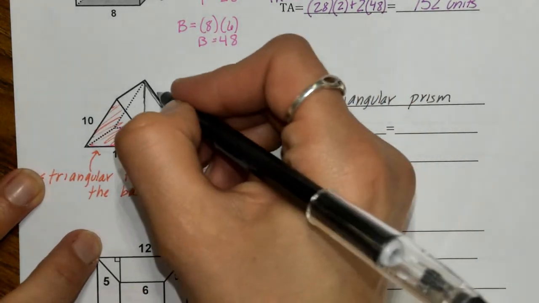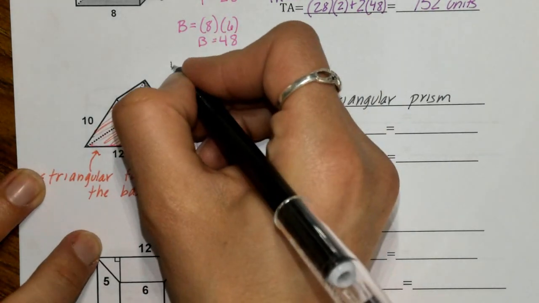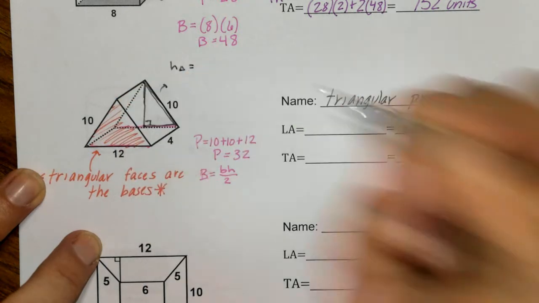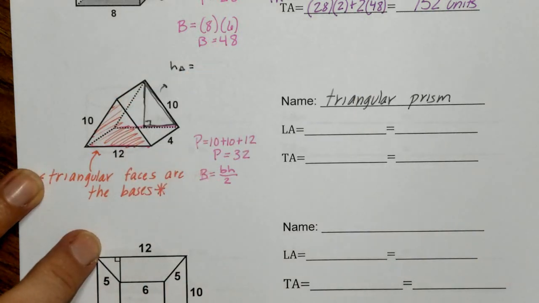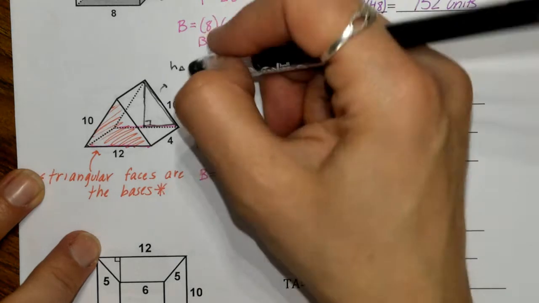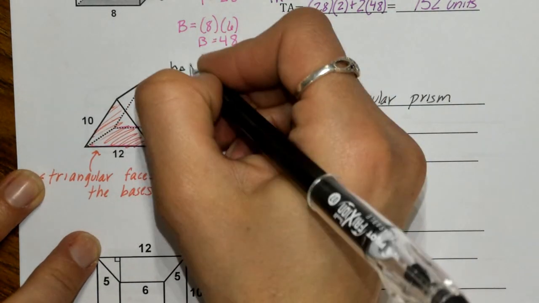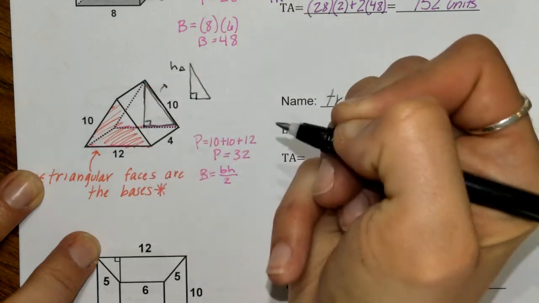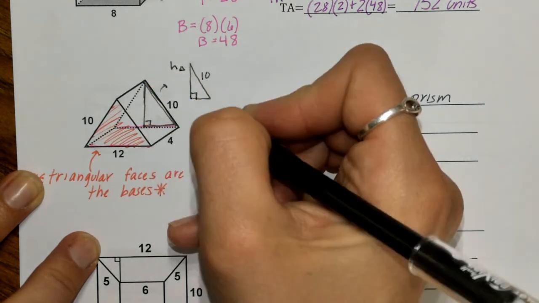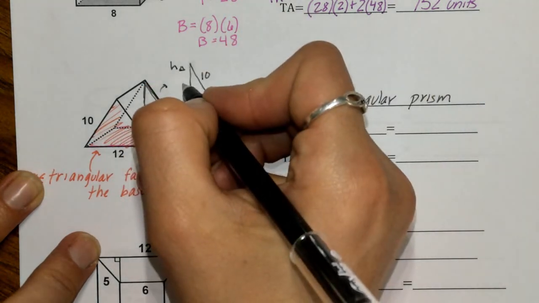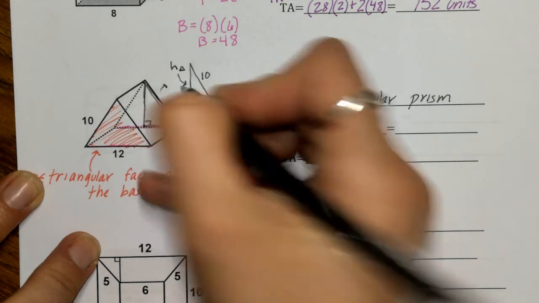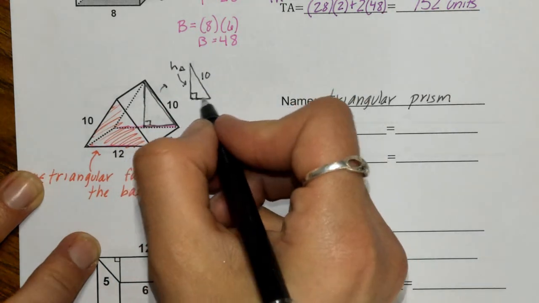So over here, I'm going to write h with a little triangle symbol so we know it's the height of the triangle. Sorry, let me erase that equal sign. We're going to have to draw in this triangle. Here's our 90 degree angle. We know the hypotenuse is 10. We are missing the height right here. It's the height of the triangle. So what about our base?